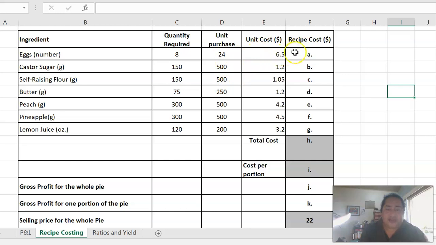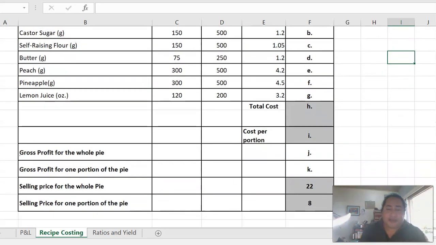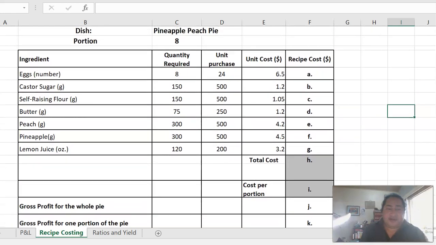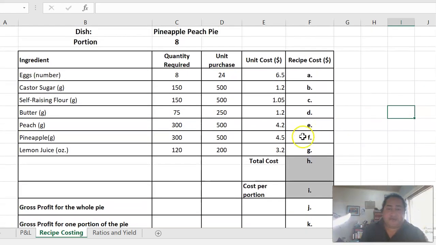Then to get that, you work out the recipe costing on this column, A, B, C, D, all the way up to K. The selling price is hypothetical. I'm just putting it there so that you can work out how much gross profit you make. But we want to find out the cost for this dish, so let's look at per item.